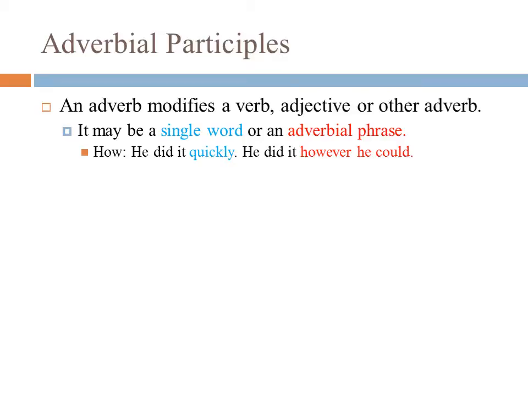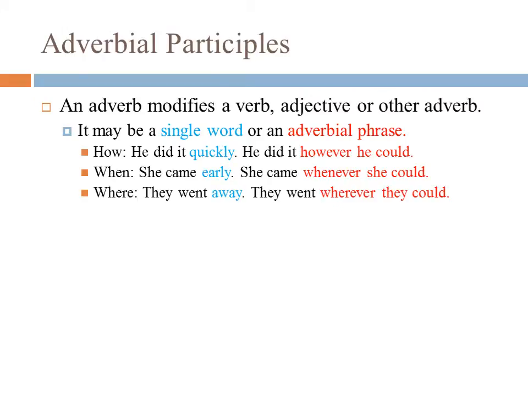In this case, he did it quickly, single word. In an adverbial phrase, he did it however he could. When, she came early. And the phrase, she came whenever she could. And if you see the entire phrase, whenever she could, answers the question, when. Where, they went away. And the adverbial phrase, they went wherever they could.